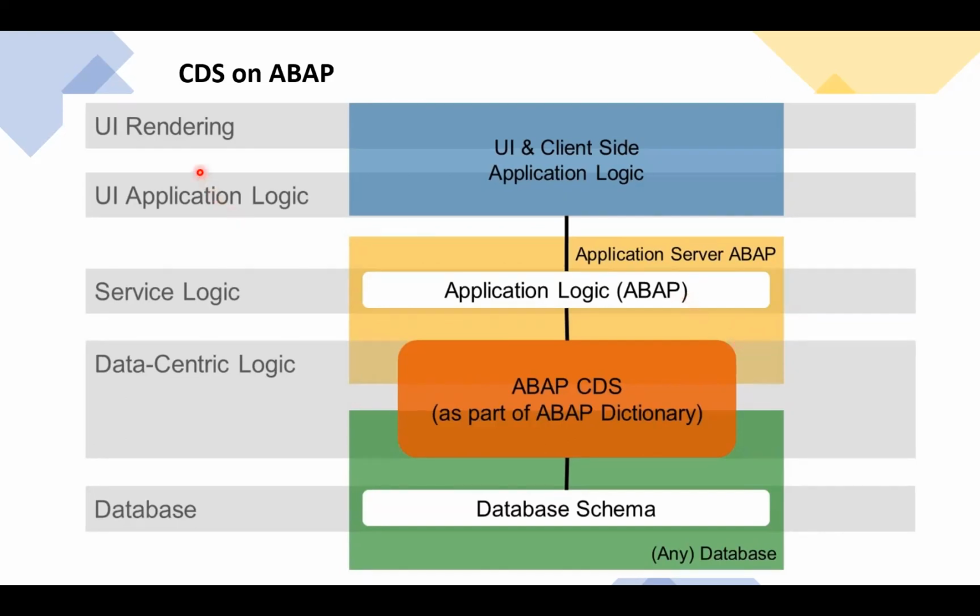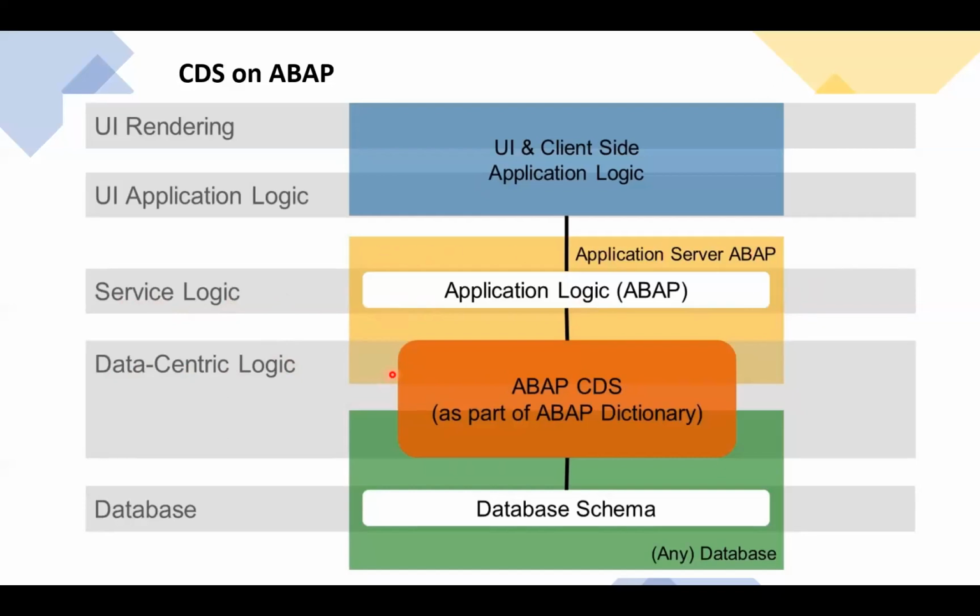If you see here, these are the layers in the product: the UI rendering or UI application logic. These can be external as well, not only a SAP architecture, but underlying these three layers. If you see the database, yes, there is a database schema here, and there is data centric logic and service logic.